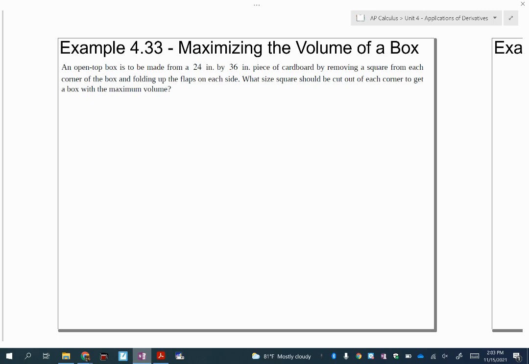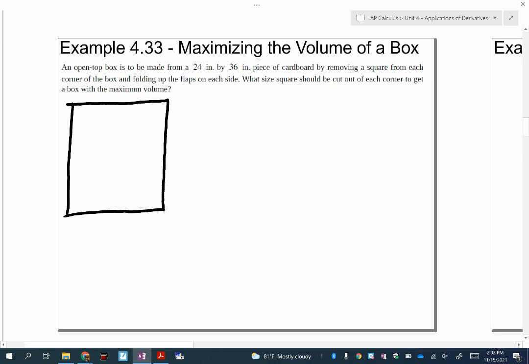So I'm going to draw two things. First thing I'm going to draw is our cardboard box that we're using. So we have 24 inches by 36 inches. And then I'm going to draw what's going to happen when you actually cut out these tiny squares in each corner, which I'll label with x by x, right?